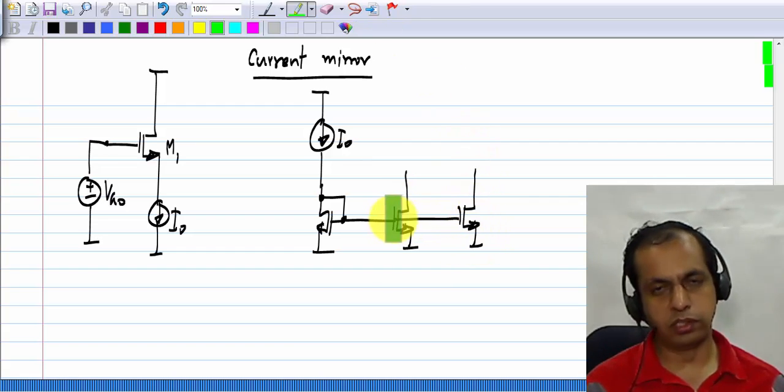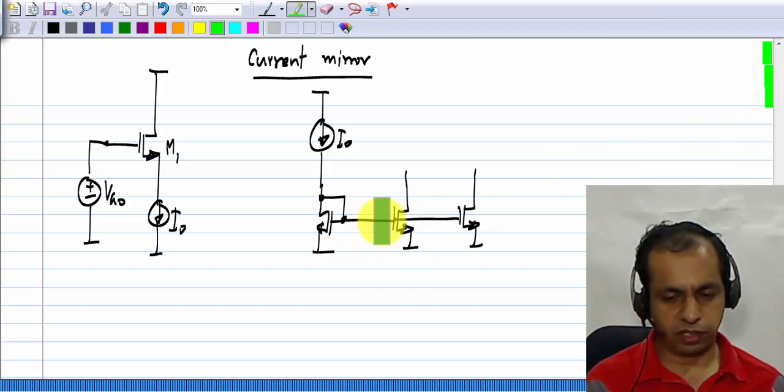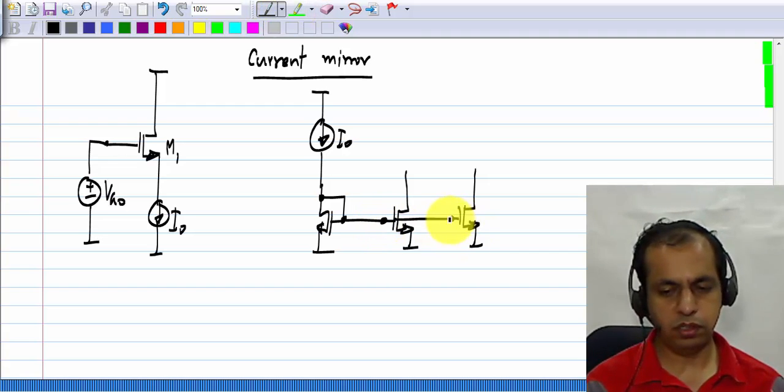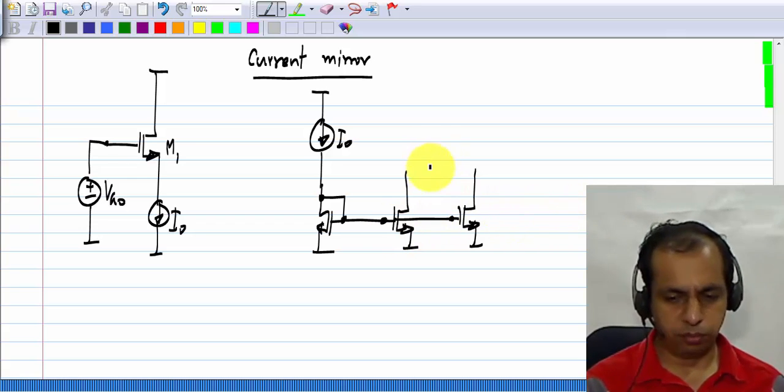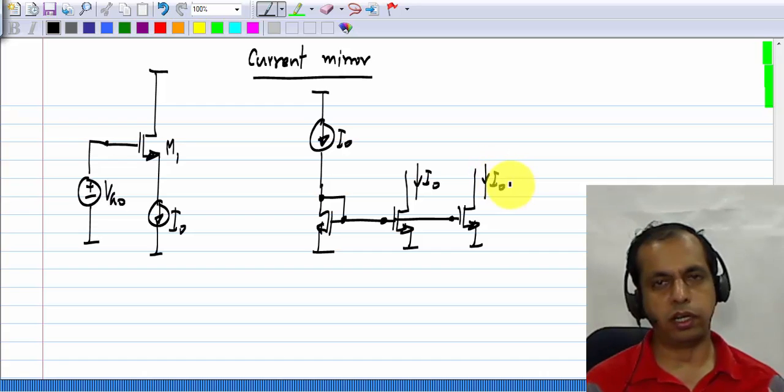This line here going through the MOS transistor means that it's connected to this gate as well as that gate. So now we can replicate this any number of times and all of them will draw a current I0 as long as they are in saturation region.